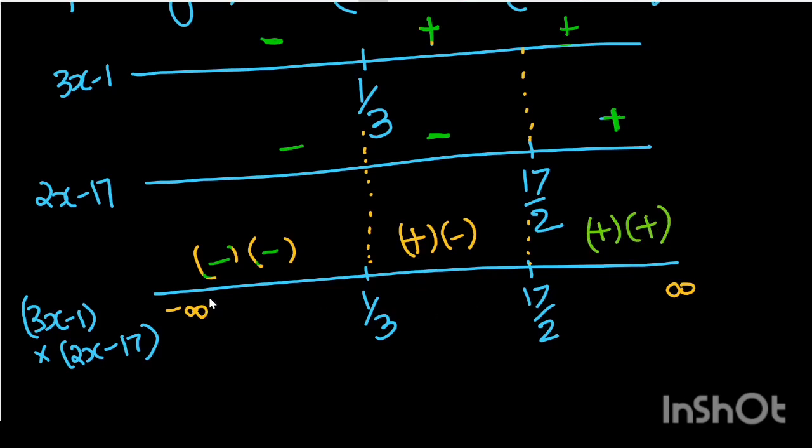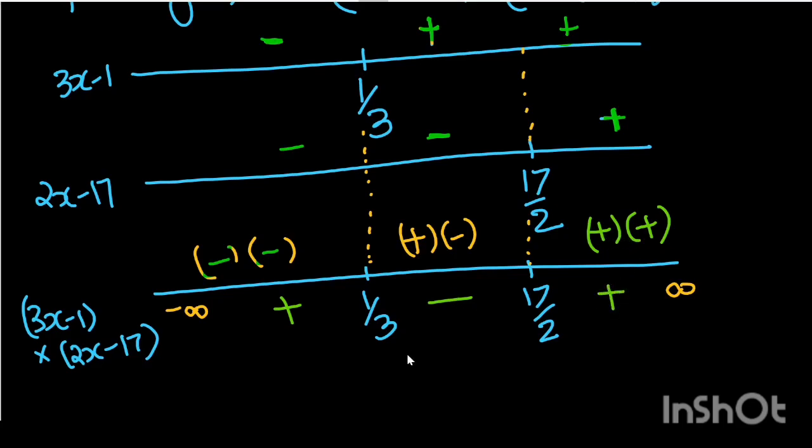So below this line, I will write the sign of the product of these two linear expressions, which is a quadratic expression, guys. Linear expressions, if multiplied, give a quadratic expression. So minus into minus gives what? It gives plus. Similarly, plus into minus will give minus. Similarly, plus into plus will give plus.